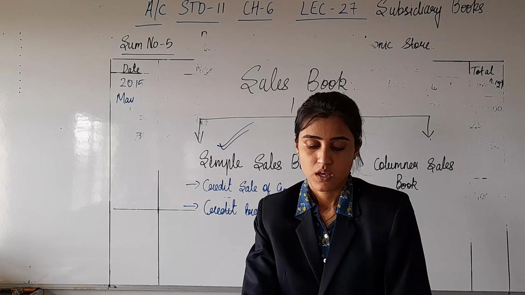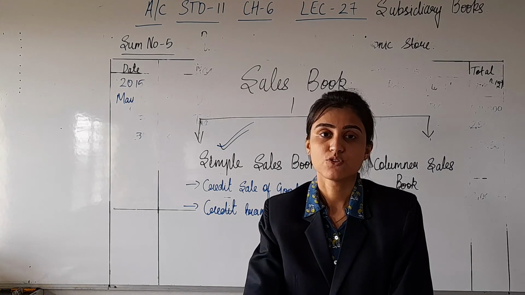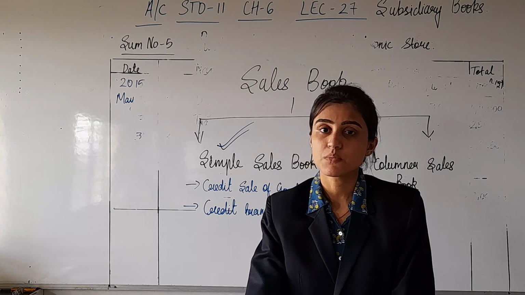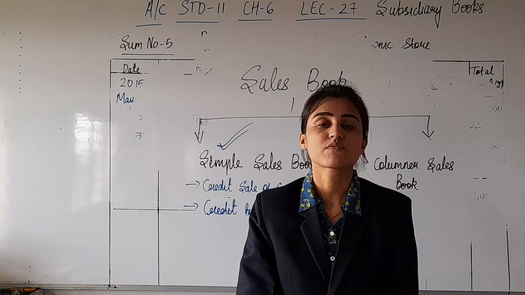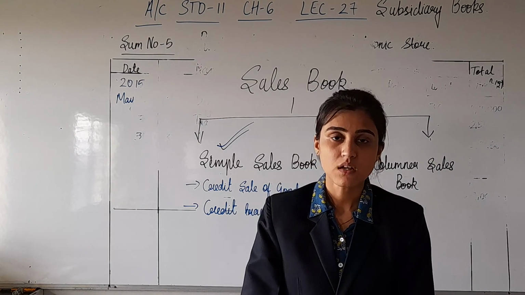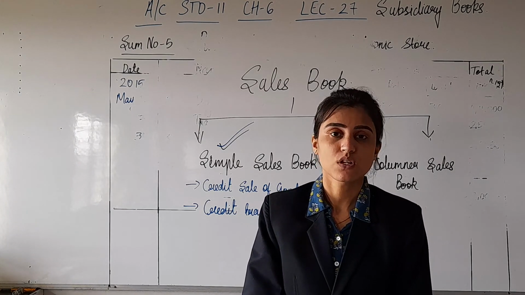So in the column of date, 2015, June 1st. What is the name of the customer to whom you have sold goods? You have sold goods to Manan. So the name of the customer is Manan. Manan account. Please pay attention to the solution that is given.